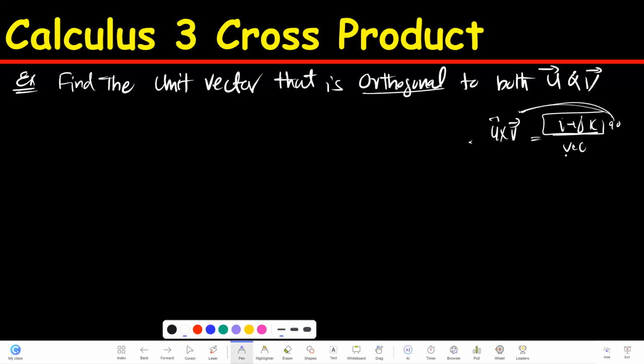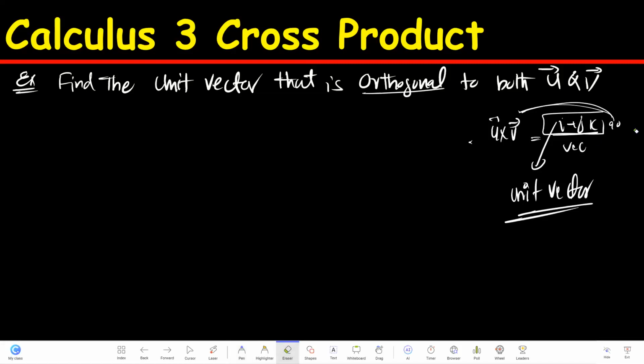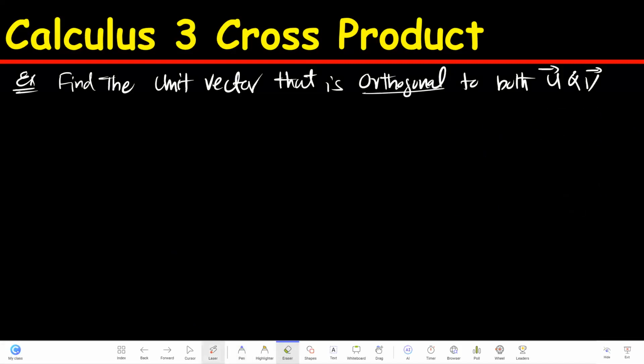Then I'm going to take this vector and make a unit vector. So let's do this problem real quick and then go from there. This is just a theory. So I'm going to do the solution. My u is given something like this.